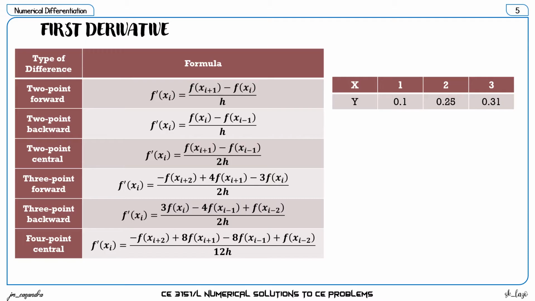So with this derivation, we can now write this first derivative in different forms of the difference or differentiation. For your 2-point forward differentiation, this was what we have derived a while ago using slope BC. 2-point backward differentiation is from our derivation of the equation using slope AB, and the 2-point central will be from our derivation using slope AC.